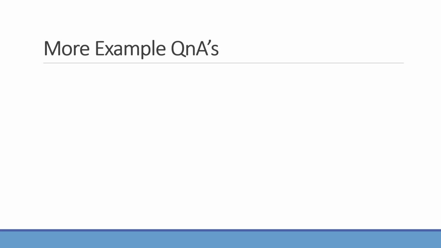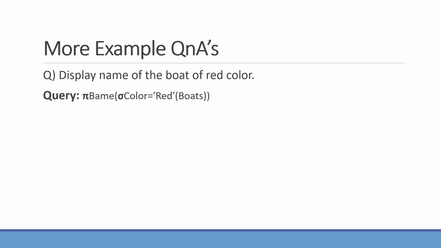More example Q&As to understand more about projection. Display the name of the boat of red color. With the query, you want all the names of the boats which have red color.